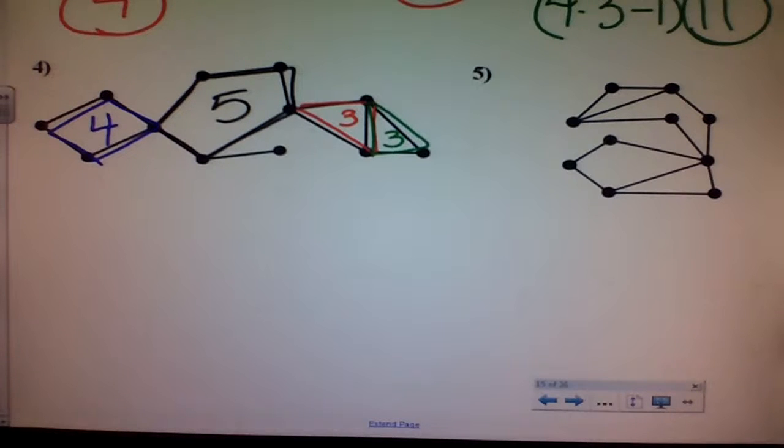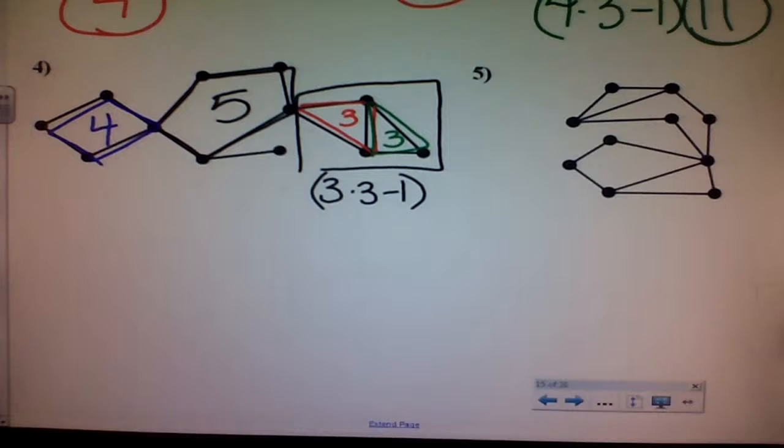No, but this one does. So I need to take care of this first. So 3 times 3 minus 1 is 8. Once I take care of that, then I multiply by 5 and multiply by 4.